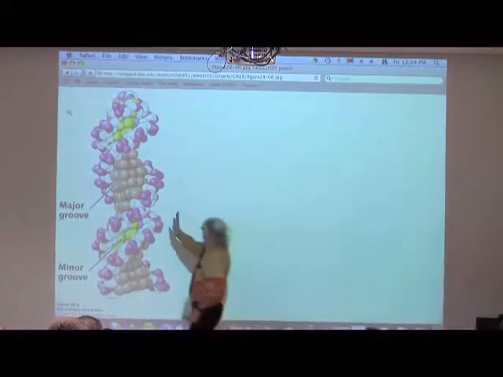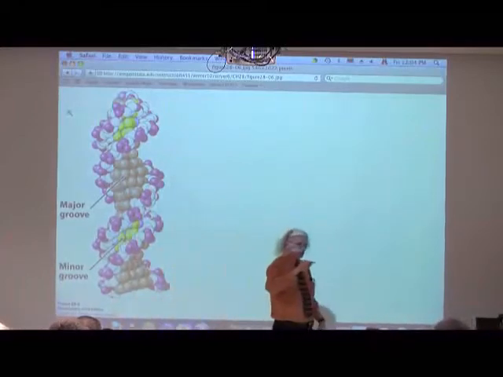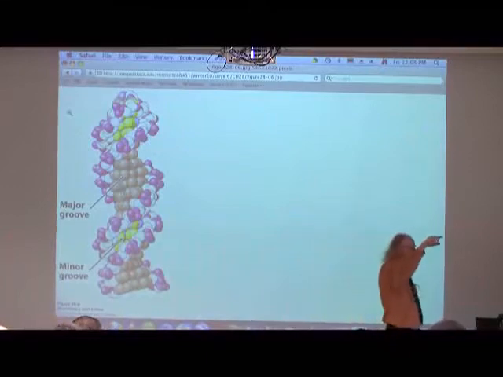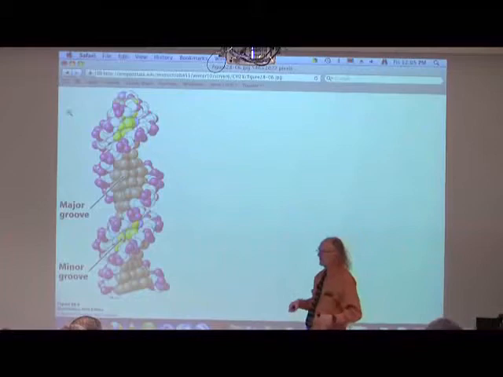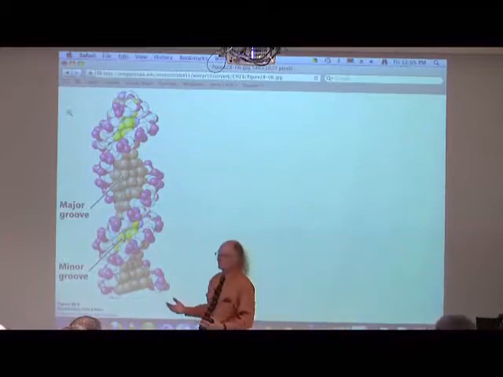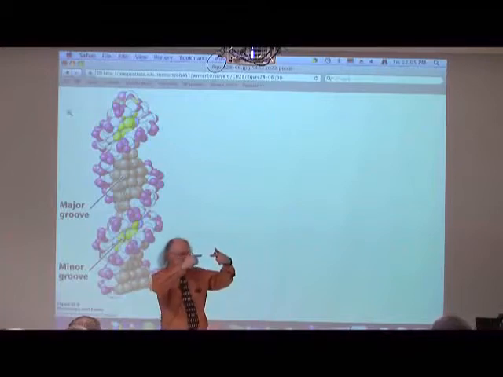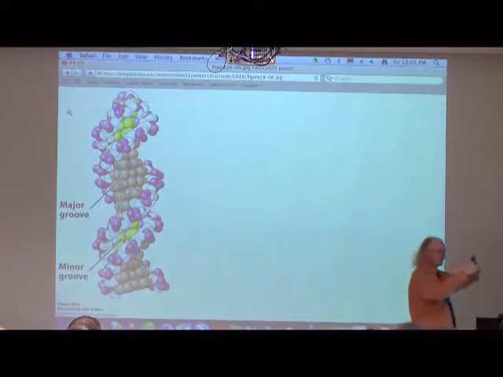We've got an arrangement on the outside of linkages between sugar, phosphate, sugar, phosphate. Those are the linkages I was describing to you earlier, the phosphate coming in and joining to the next sugar. The sugars and the phosphates are on the outside of the helix. They are hydrophilic. The base pairs that we think about with DNA, A pairing with T and C pairing with G, are arranged on the inside, and they are relatively hydrophobic.